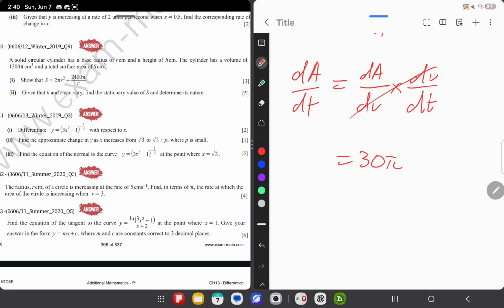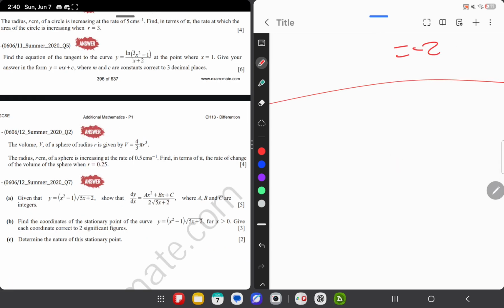Very easy. We know the volume of a sphere is given by V equals 4 over 3 pi r cubed. You know V is a function of r. We know the rate at which r increases with respect to time is 0.5 centimeters a second. Find the rate of change of volume when r is equal to 0.25.